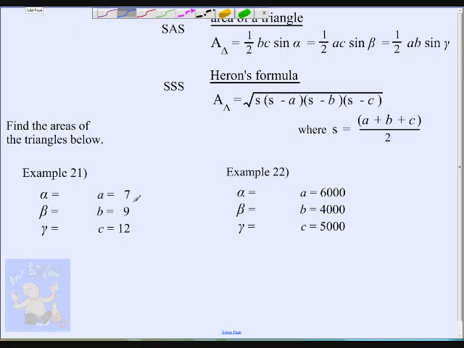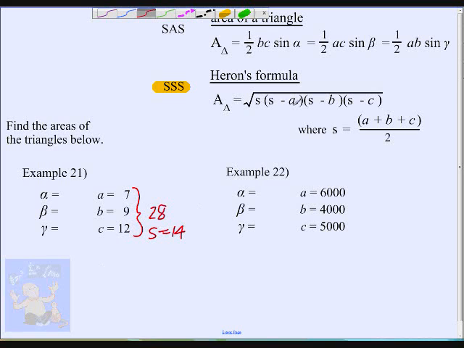Well, we've seen these before, haven't we? Now this time we're going to have to use Heron's formula. So here we are, SSS, and we have to find our semi-perimeter. S stands for semi-perimeter. We add these all up. Okay, did I do that right? 28. So the semi-perimeter is going to equal 14.